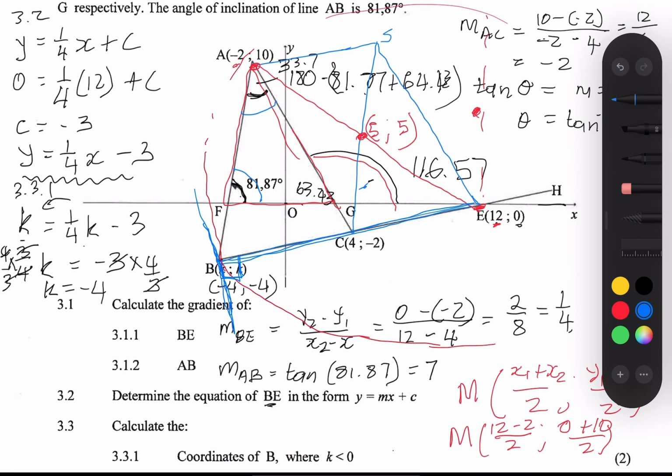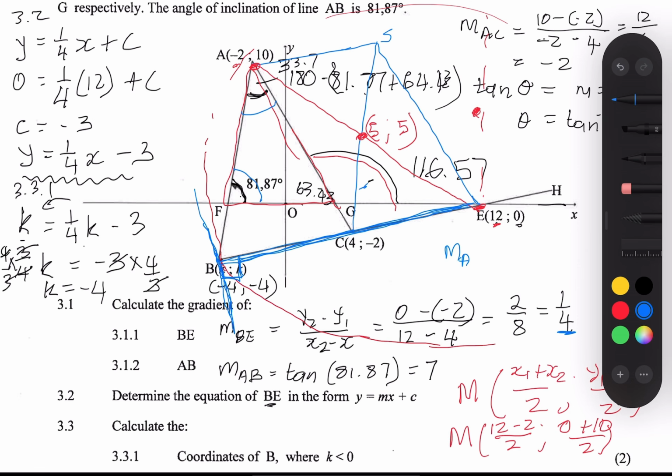Now I want you to please note, we can find the gradient of BE. By the way, we already have done that. It's 1/4, right? So remember, if two lines are perpendicular, it means the product of their gradients must be equal to -1.